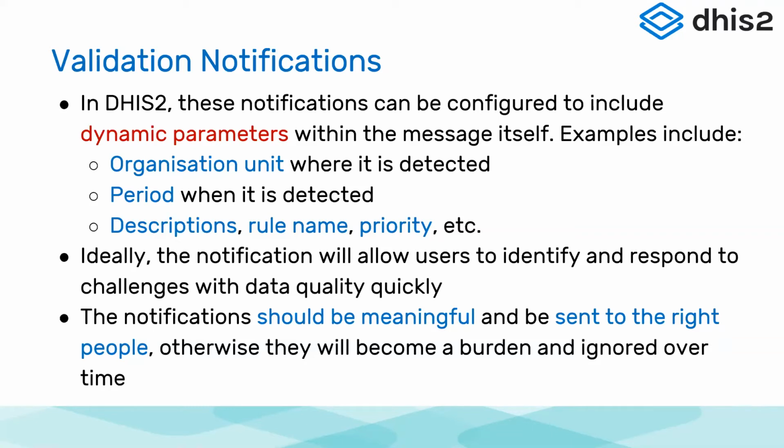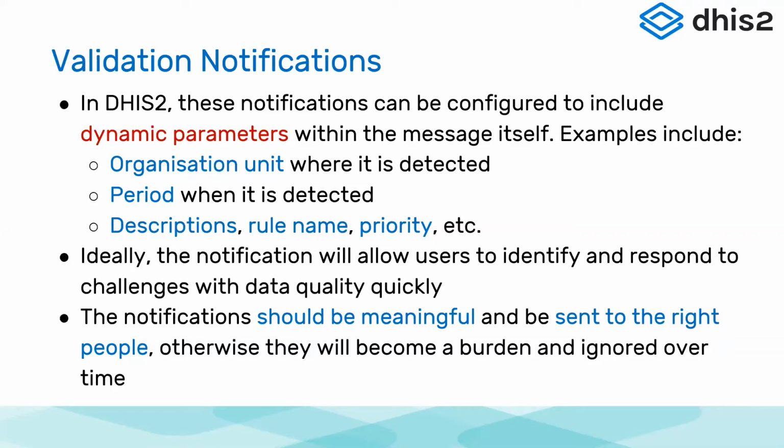So if some data validation violation has occurred, you can automate sending notifications to some set of users. But you have to be very careful when you are setting up these validation notifications. Because if you have created a lot of low priority validation rules, you can have frequent validation rule violations.